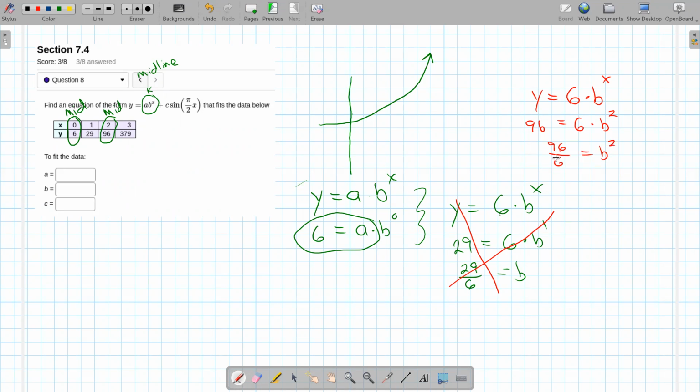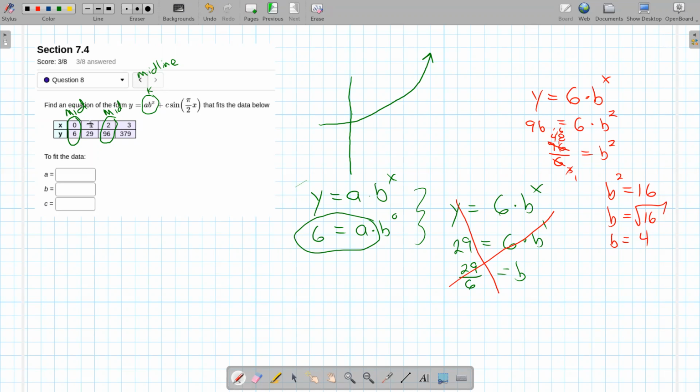Let's see, does that reduce? 2 goes into 6 3 times. 2 goes into 96 how many times? 2 goes into 9 4 times with 1 left over, 8. 3 goes into 48 16 times. So I get b squared is 16. So b is equal to the square root of 16, which is 4.